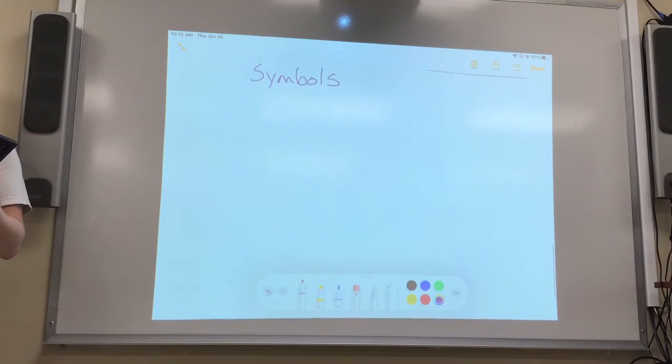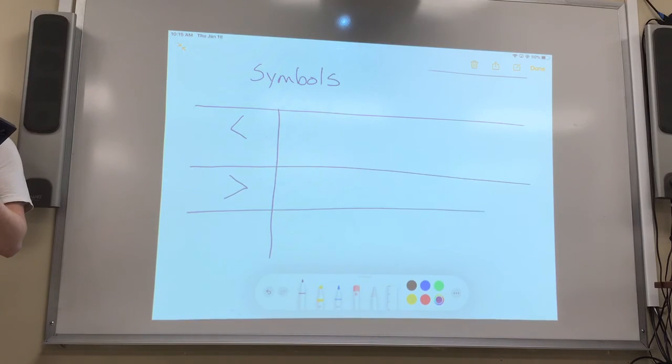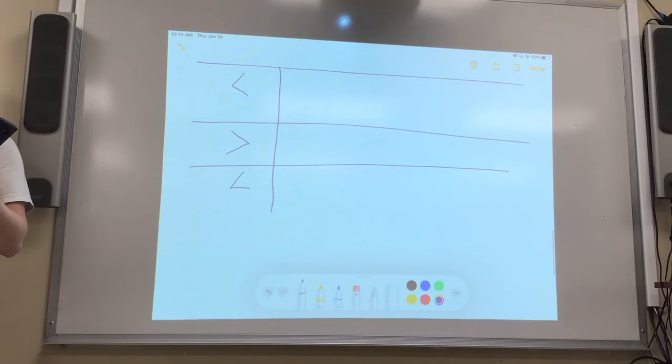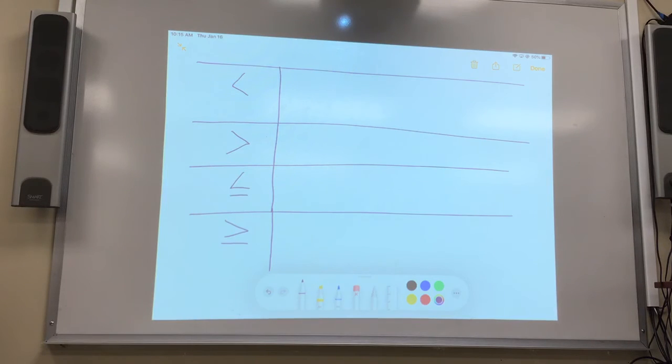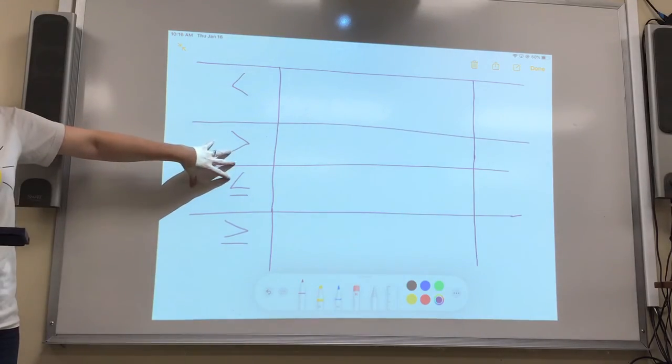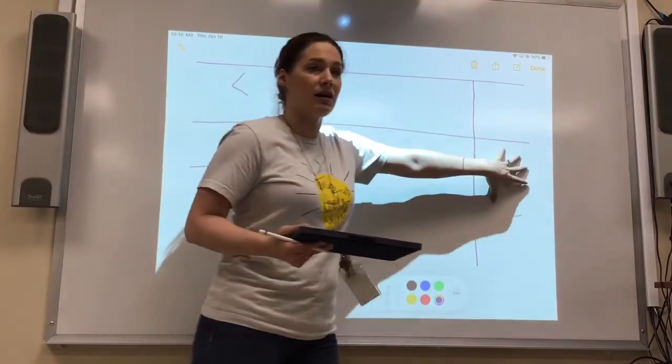I want you to make a little table like that in your notes. That's just the title of it. Make a bigger column in the middle, and then a little column on the right.